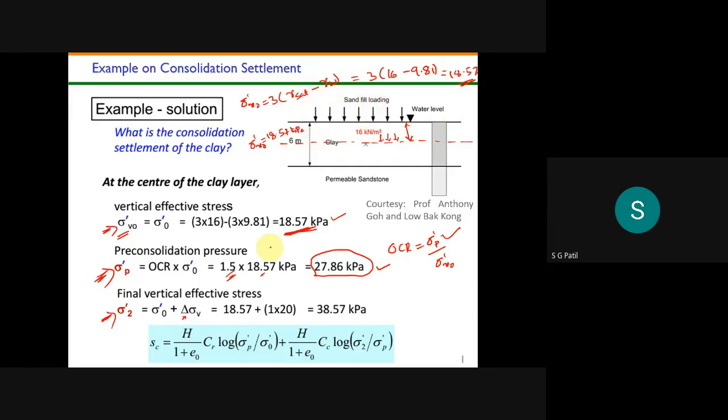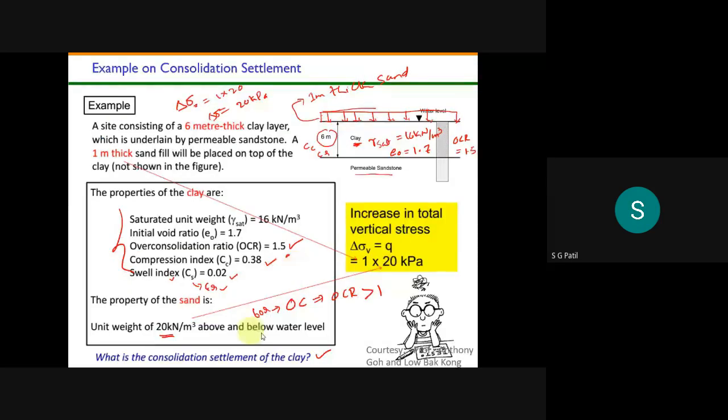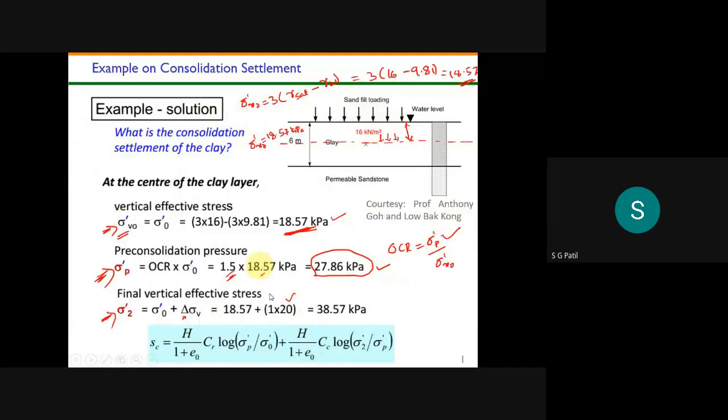In exams they can give like that. Instead of giving you a sand layer, they will give you some loading due to construction of a building. So delta sigma V I calculated, that is 20 kilopascal. In my previous example, see, delta sigma I have calculated as 20 kilopascal. Now I will put that 20 kilopascal.